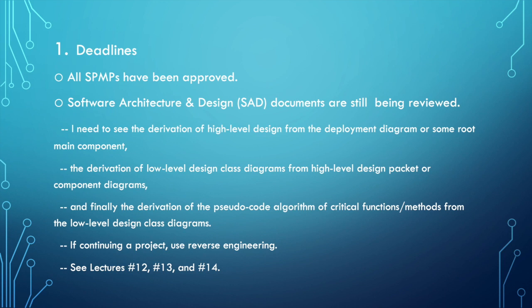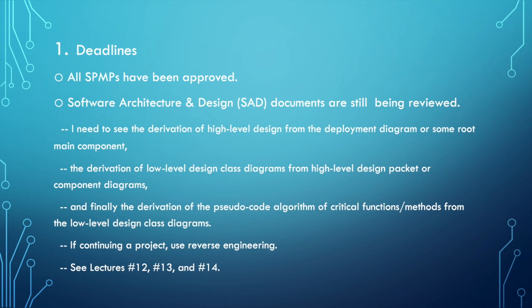So you can trace from the component diagrams of the deployment diagram the low-level design class diagrams from the high level. And then from the low-level design class diagrams, you derive the pseudocode and specify the critical functions and methods, not all of them, but the critical ones from the low-level design diagrams.